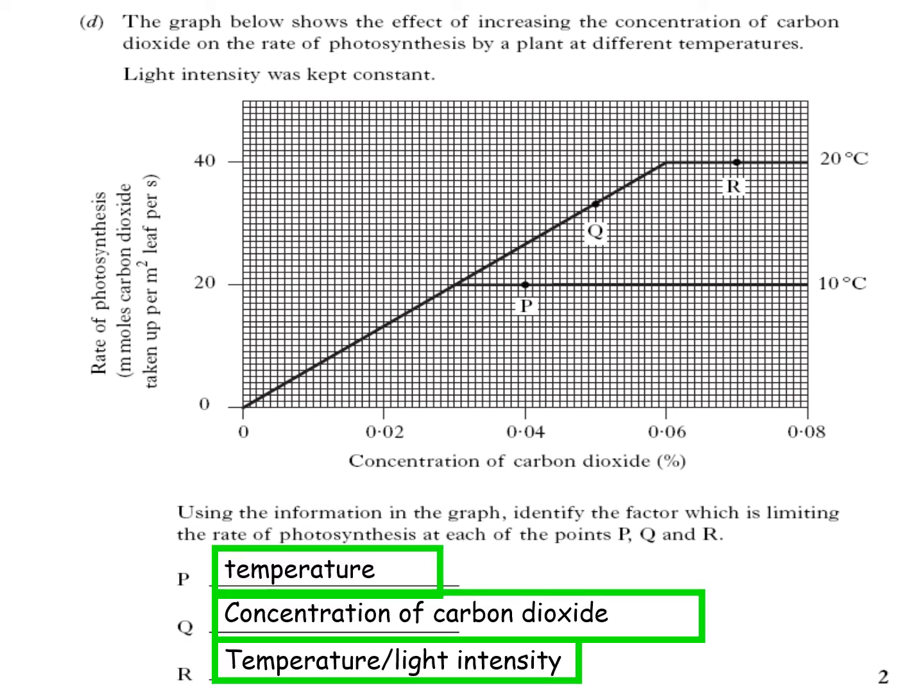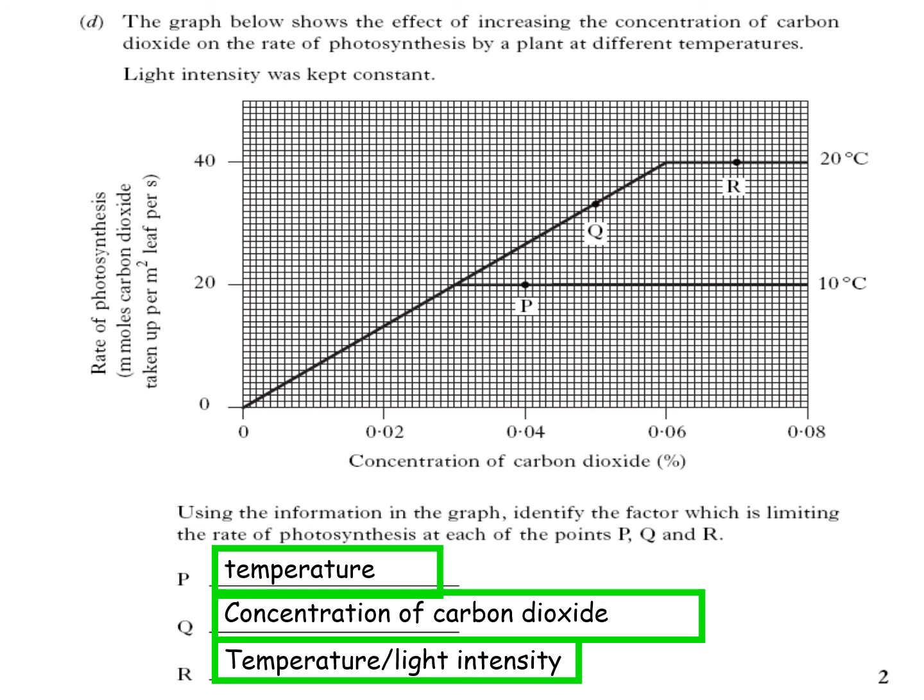So P, that has to be temperature because that is on the level. It's not what's on the x-axis, because as I increase or decrease carbon dioxide concentration, the rate stays the same. So we look at the level above and spot what's different, and what's different is the temperature. So temperature is holding the rate back.